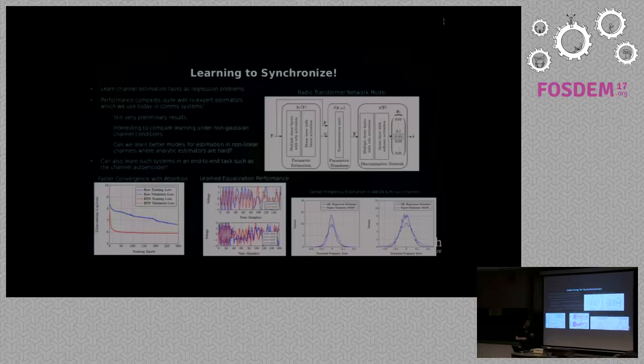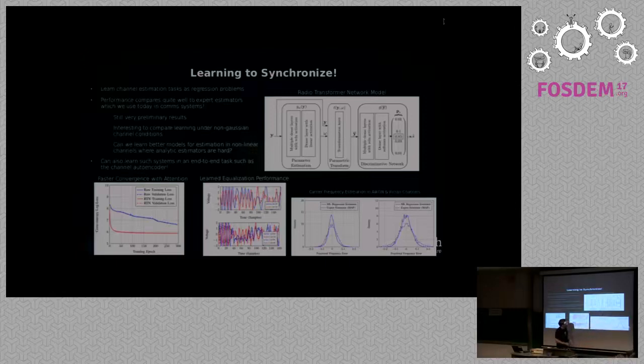So there's this notion from vision of attention models, and the whole idea of these attention models is that instead of learning some arbitrary transform like how to equalize, you can simply break the network into learned parameter estimation, kind of an expert transform like equalization, and then our learned decoder.